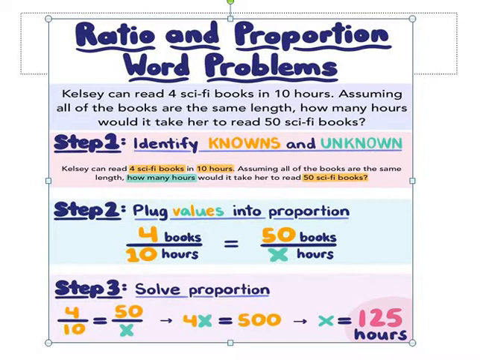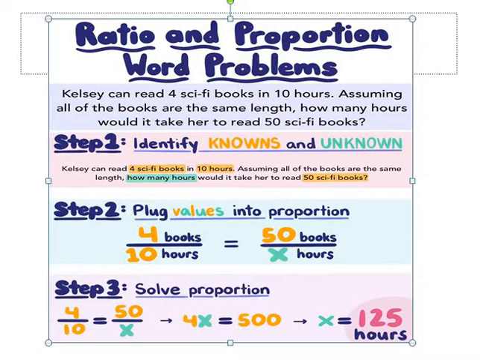So 4x equals 500. Now, I don't want 4x, I actually want only 1x. So what shall I do? I divide 4x by 4. Because it's an equation of equivalent ratios, whatever you do on the right side, you must do on the left side.